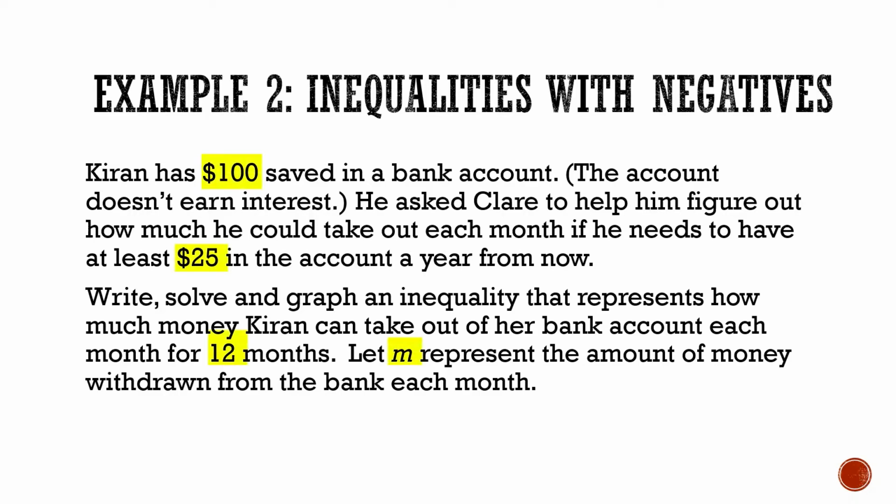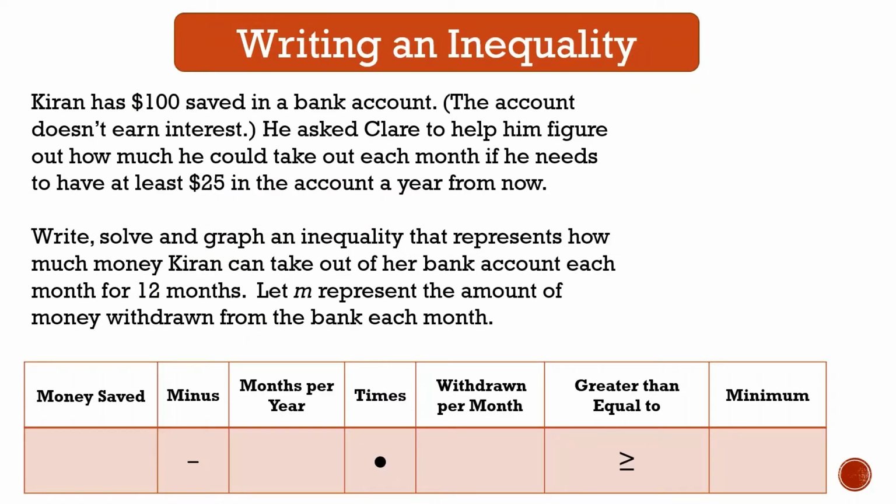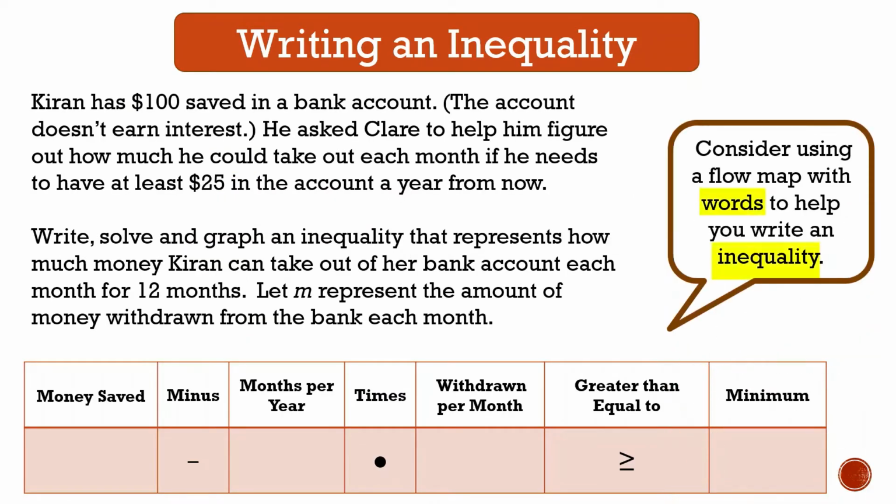Again, we highlight our important information. $100 he has saved. He wants to end up with at least $25 after 12 months, and M represents the amount he takes out each month. Again, consider using a flow map with words to help you write an inequality.